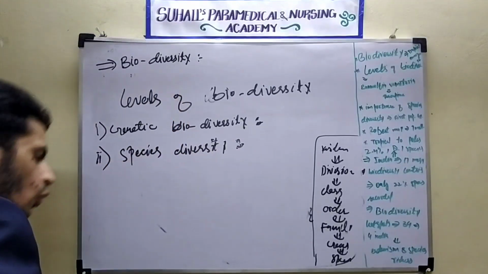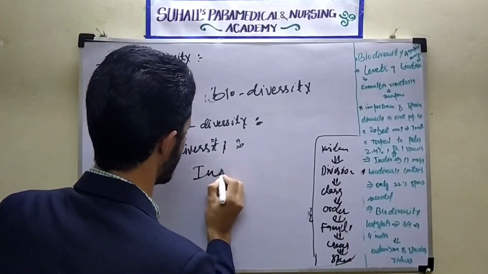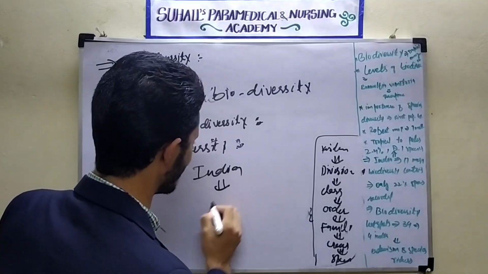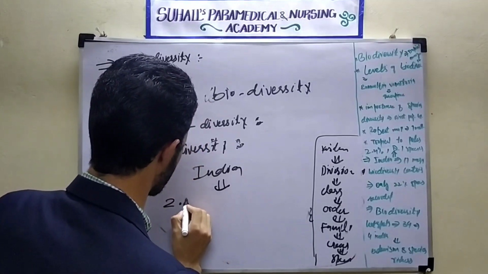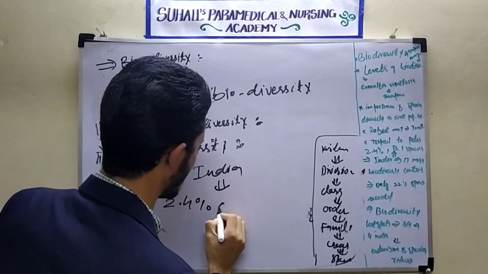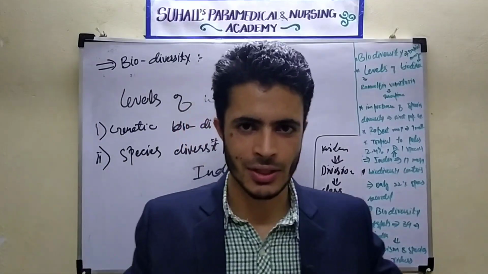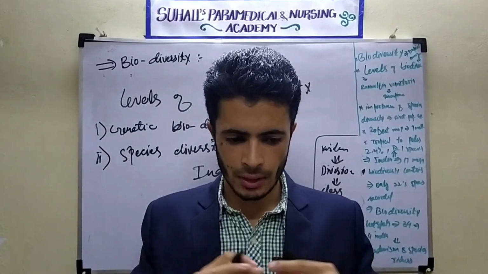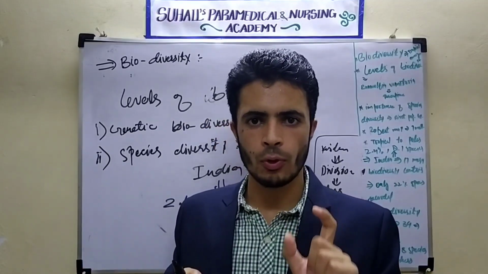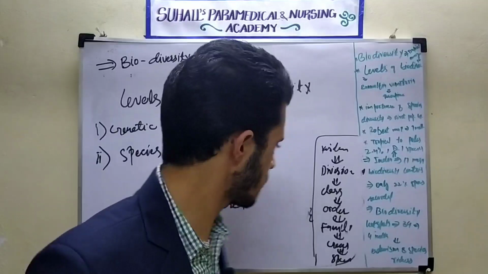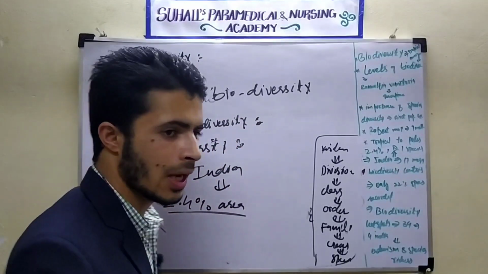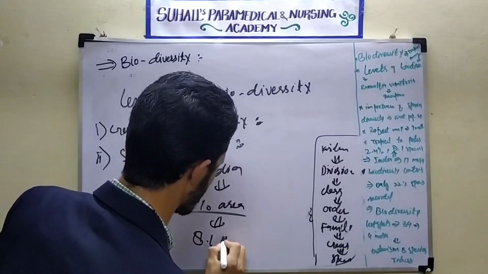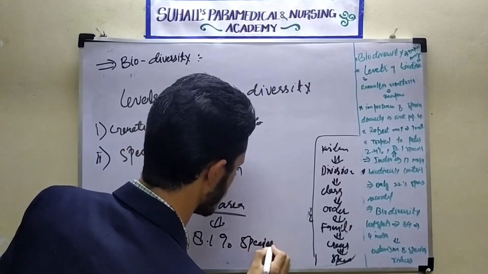If you go inside India, see, this is India. What will happen inside India? India covers 2.4% of the area of the whole world, and there is 8.1% of species diversity in India.